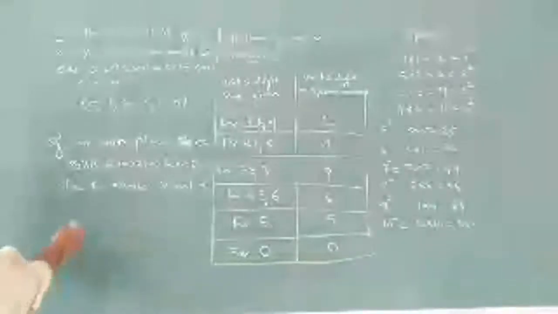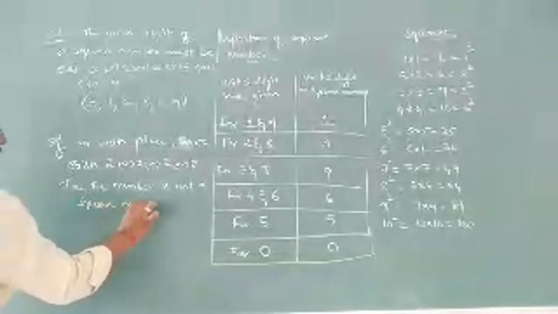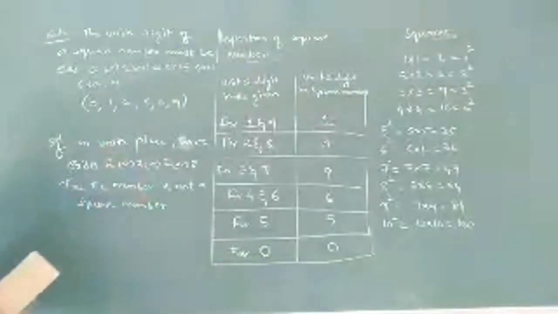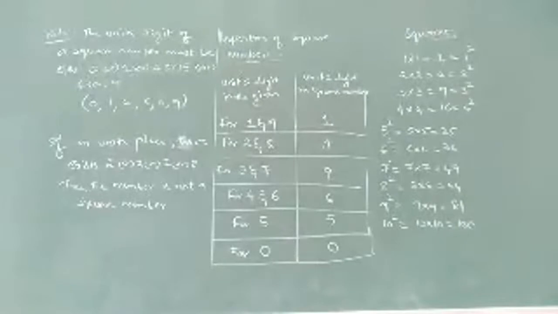Of course, perfect square also we can say, but we are discussing integers, so it's not going to be a square number. So the compulsory condition is, if you are finding either 2 or 3 or 7 or 8 in units place, it's not going to be a square number.